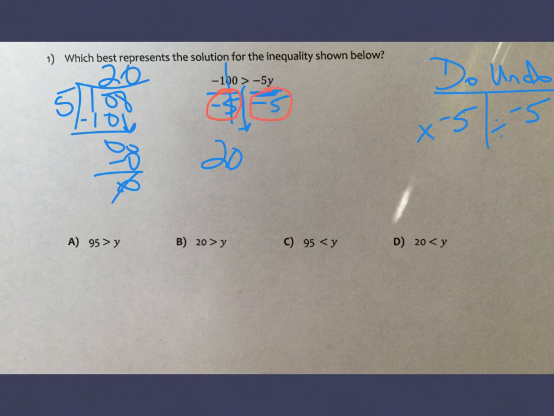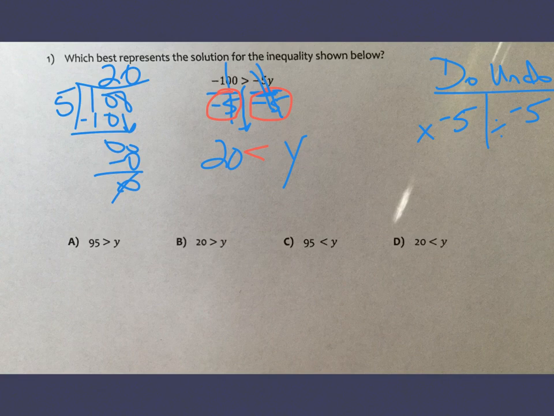What has to happen to our sign? The inequality symbol must flip. So instead of greater than, it becomes less than. Negative 5 divided by negative 5 is 1, which leaves me with just y, 1y. 20 is less than y.